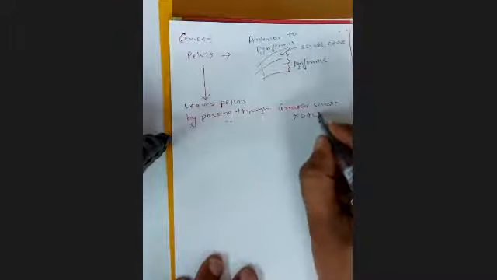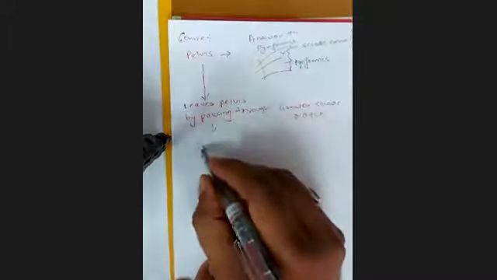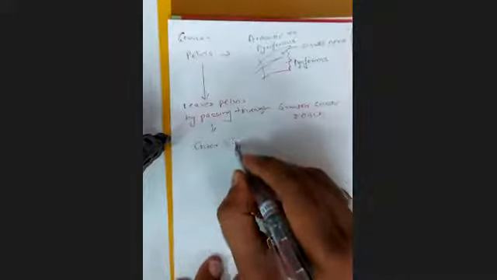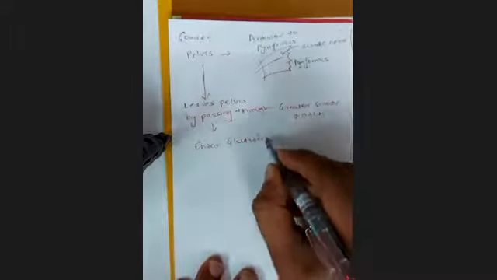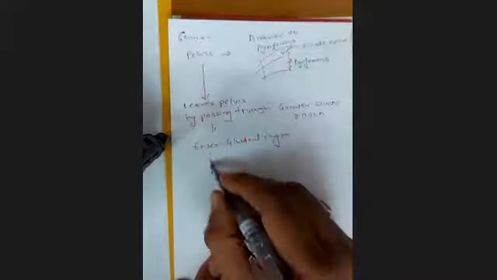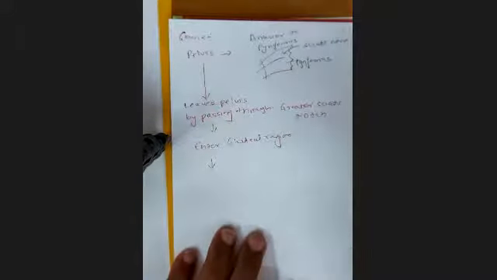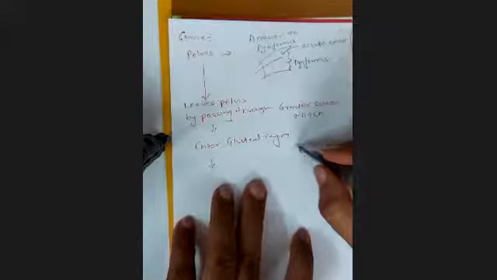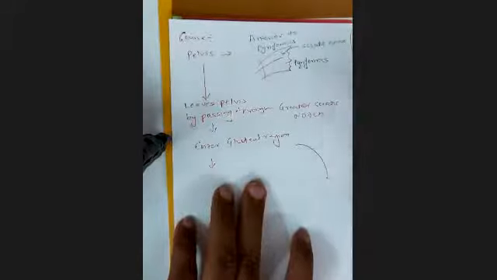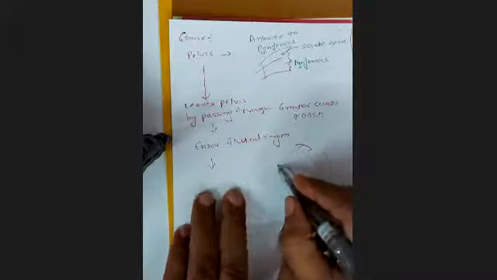Then what happens is it enters the gluteal region. Now let us see what happens in the gluteal region. Suppose this is the greater sciatic notch, and this is the piriformis muscle.